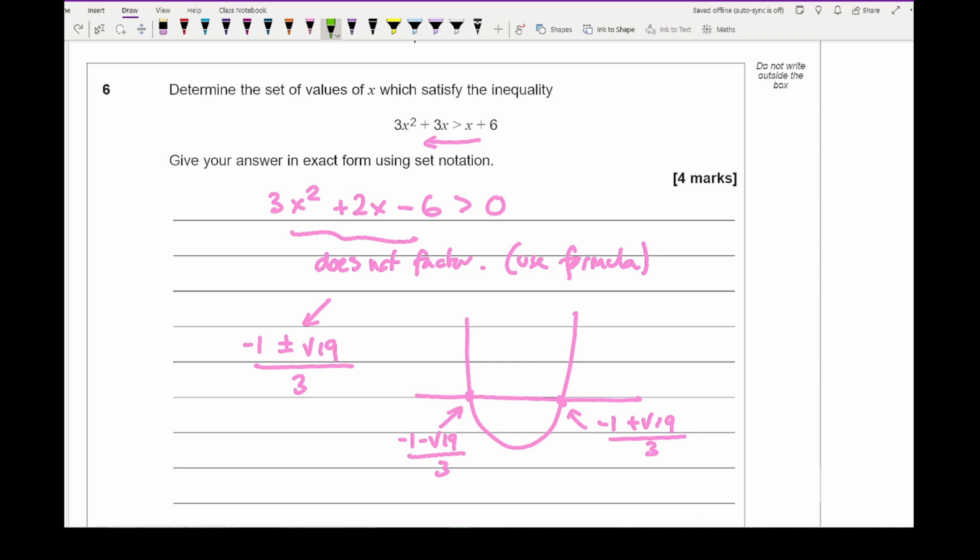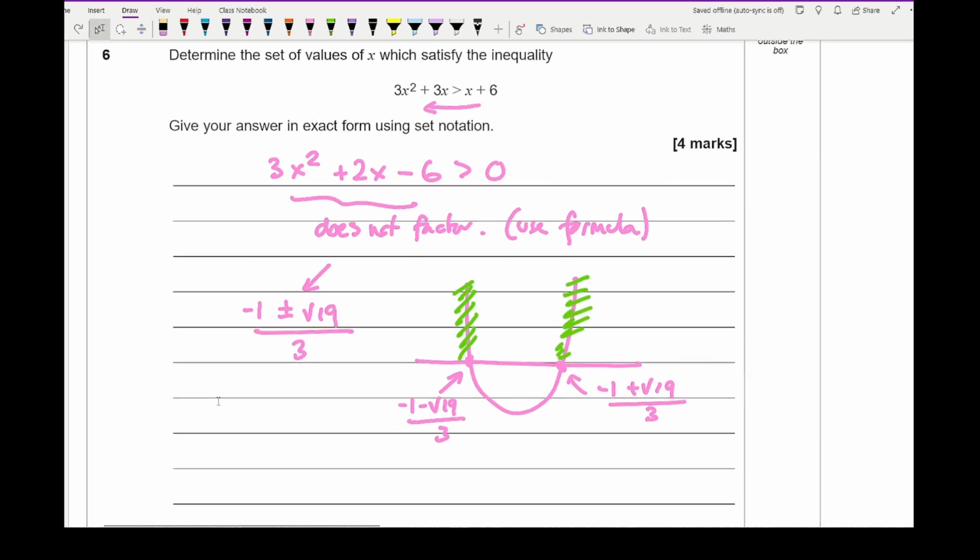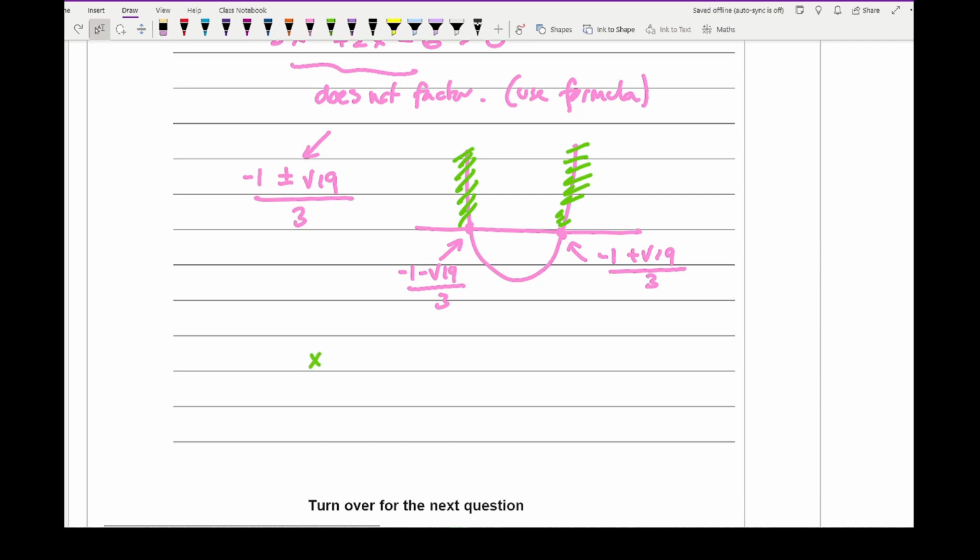Now, because we want it where it's greater than 0, we're looking for this region here. So therefore, I'm going to be wanting x is less than minus 1 minus root 19 over 3, and x is greater than minus 1 plus root 19 over 3.